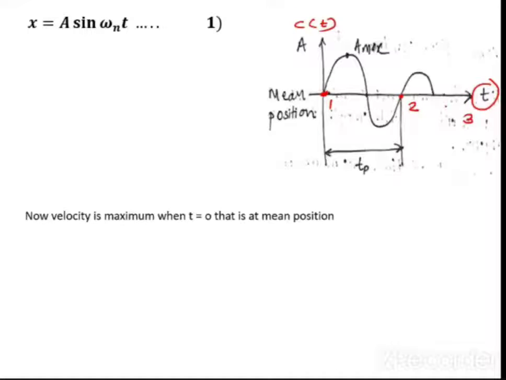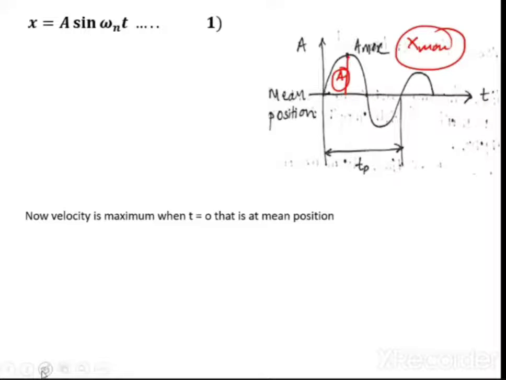Point 2 to 3 is another cycle. So the time taken to complete one cycle is the time period. Let us say this is A max, where you have the maximum amplitude. A is also called X max. So amplitude is nothing but the maximum displacement. This is the basic diagram I have drawn.